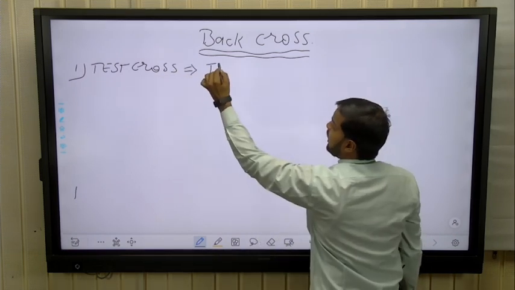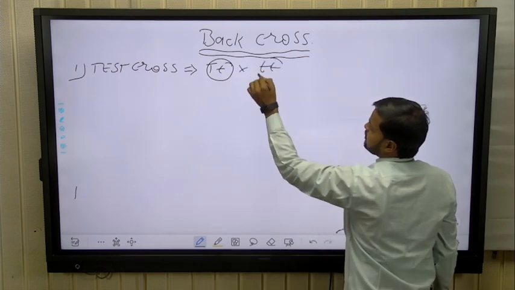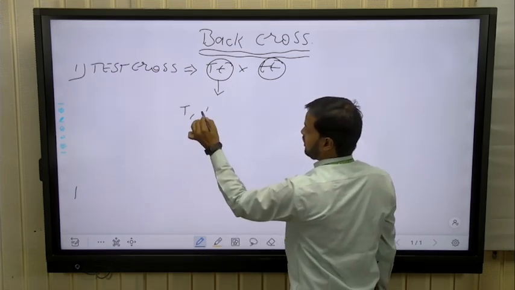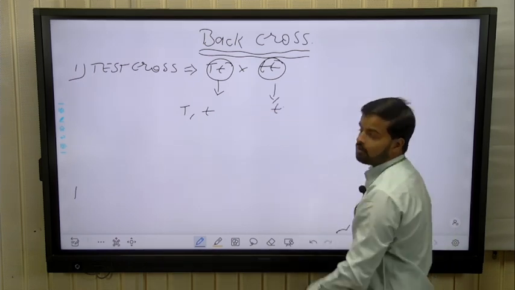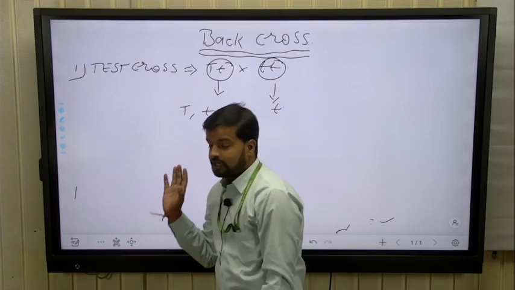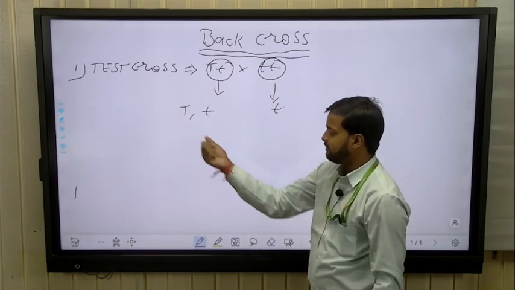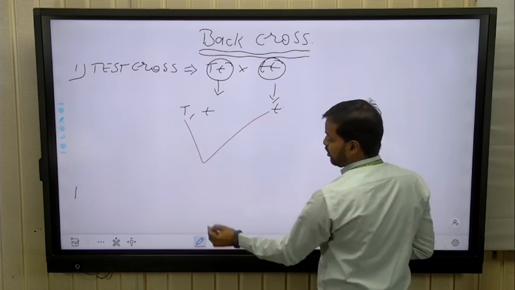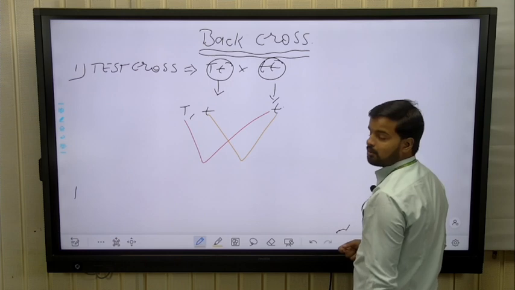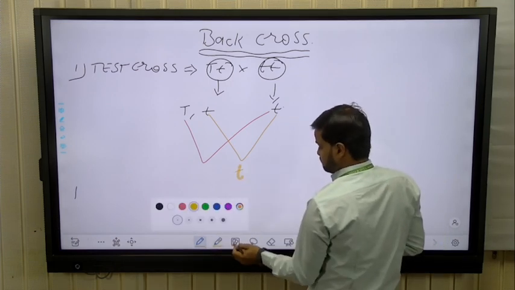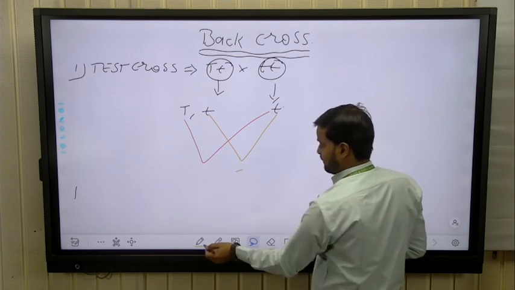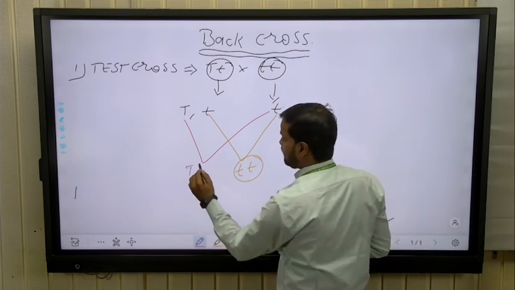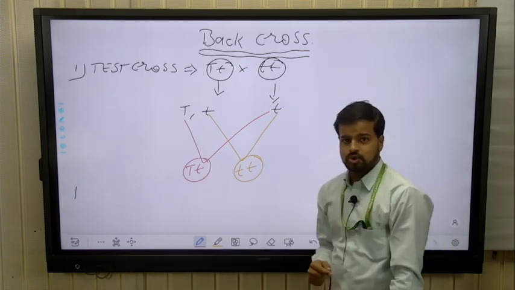The cross between capital T small t and small t small t. Here the same conditions apply. Two types of gametes are obtained, and only a single type of gamete is formed on the other side. As in the monohybrid cross diagram, capital T crosses with small t and small t crosses with small t, giving the genotypes small t small t and capital T small t. That means in test cross we obtain only two types of plants.